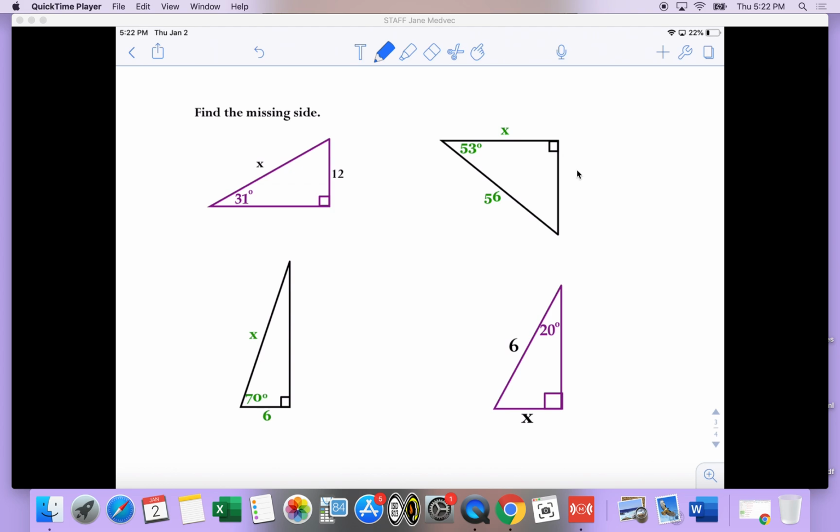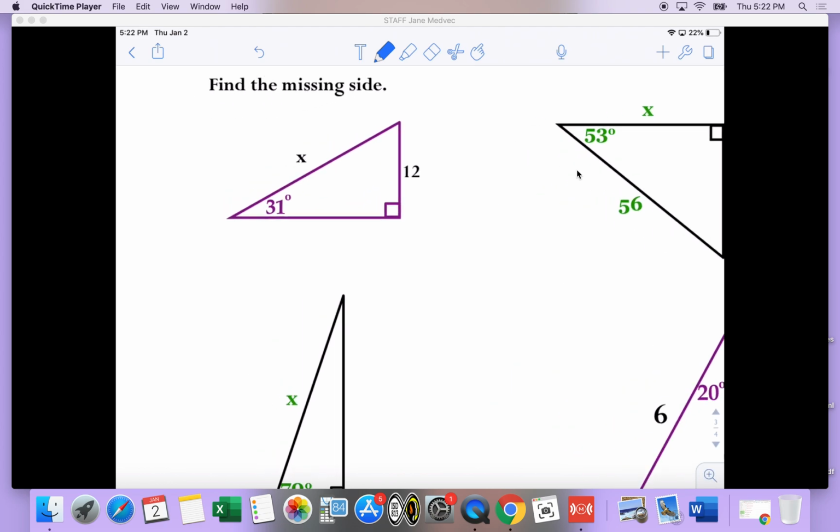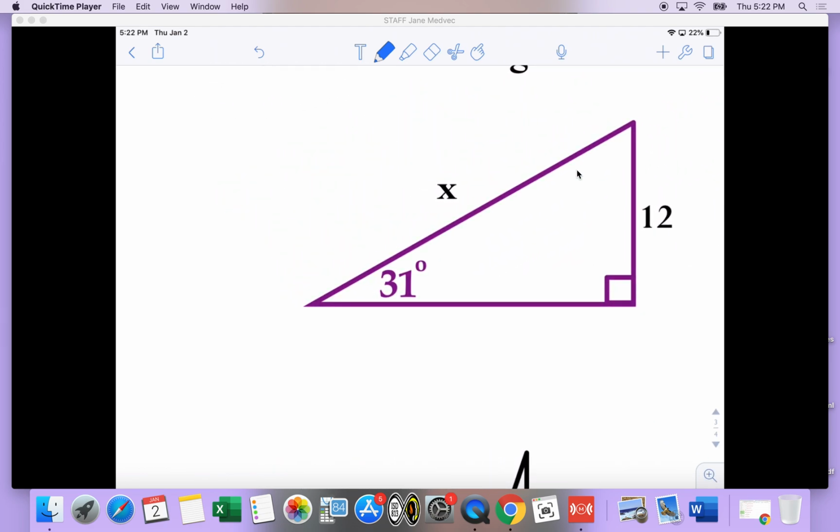I need to find the missing side. So let's take a look. I've got a 31-degree angle, and I need to look at those sides. The x in relationship to the 31 degrees is the hypotenuse. The 12 is opposite.